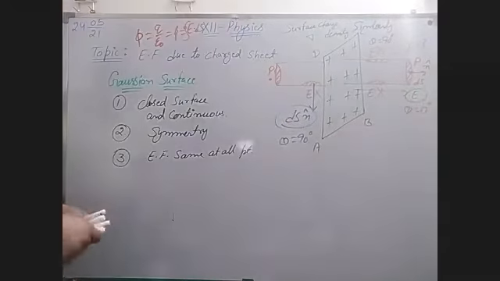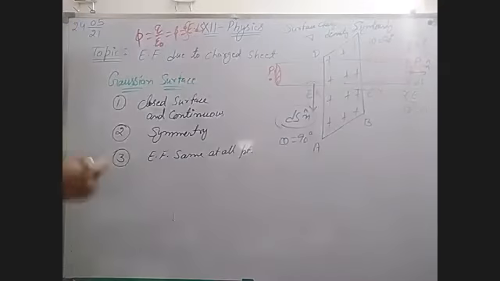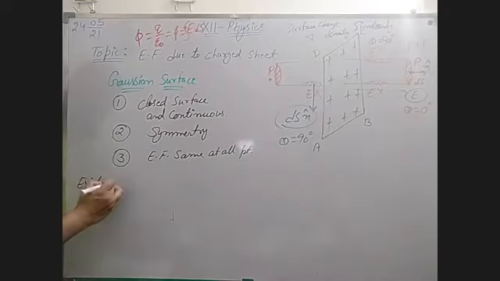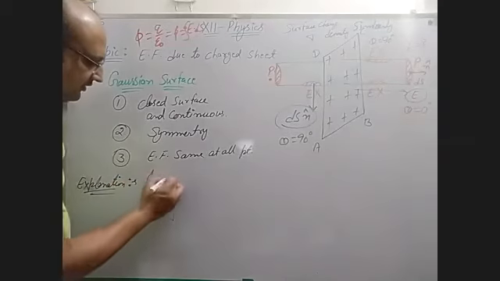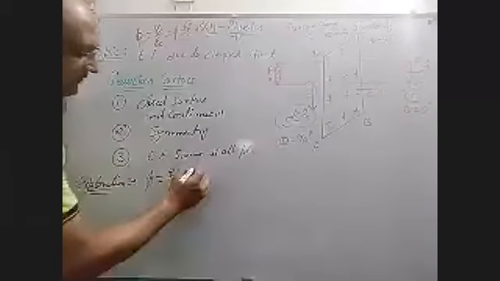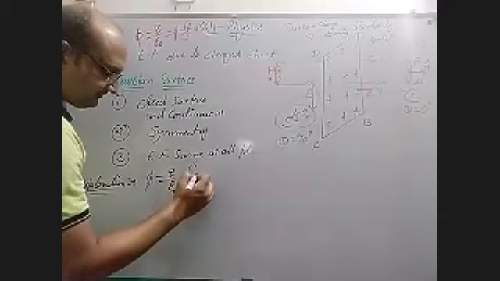Now the explanation of this topic is, we know that phi is equal to Q by epsilon naught according to Gauss theorem.